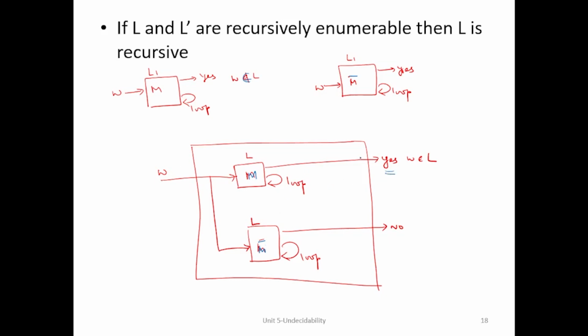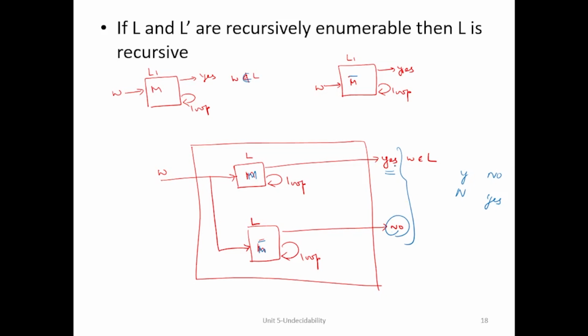Complement means if machine M gives S state, automatically the complement of M should give no output. That is the complement, isn't it? First machine yes means second machine no. First machine no means second machine yes. So the output should be in yes/no format.